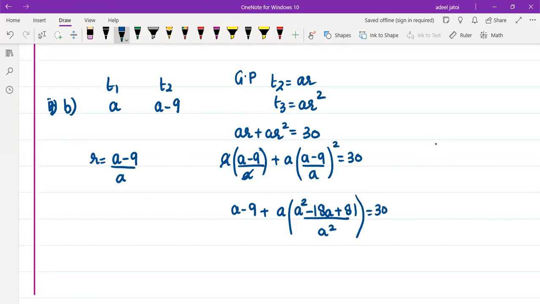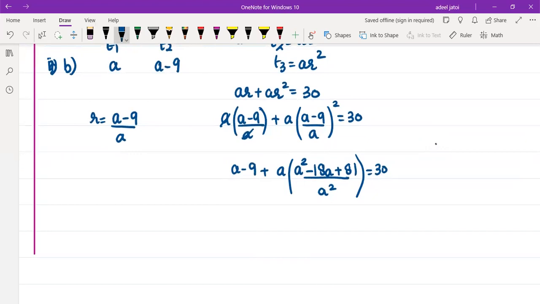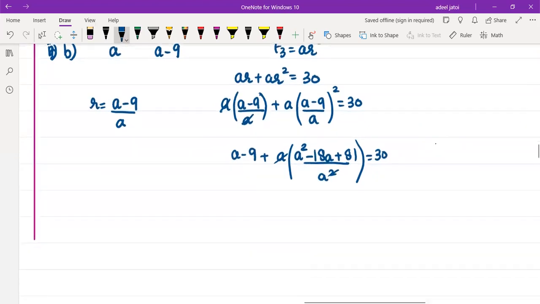which should be equal to what? 30. But now we can easily cross multiply the square with A and take LCM with this A being multiplied with 30. So this should be A square minus 9A plus A square minus 18A plus 81 should be 30A.